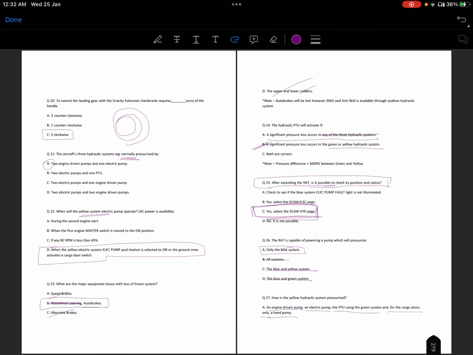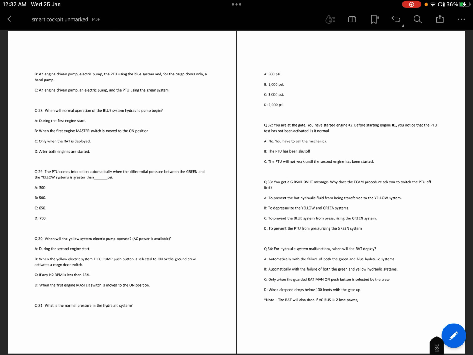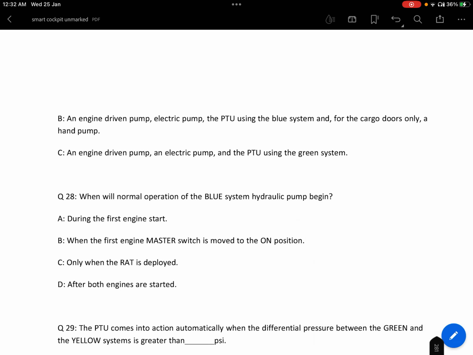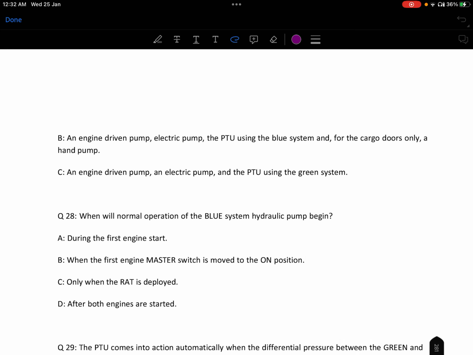How is the yellow hydraulic system pressurized? An engine driven pump, right? An electric pump, right? A PTU using the green system, correct? And for the cargo door operations, cargo door only, a hand pump. Yes, it seems a correct answer. Let's go to some other options.